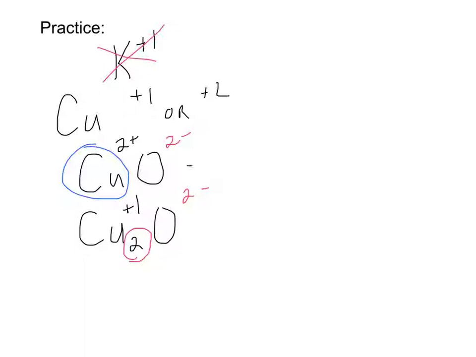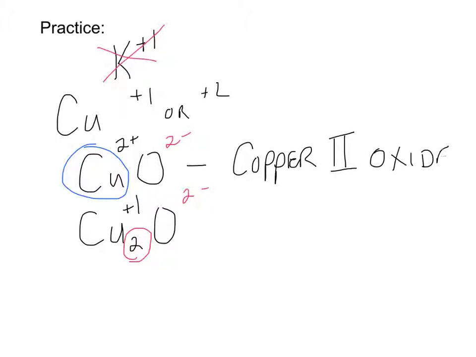So when we name this one, it would be called copper, and the charge on it is 2, Roman numeral 2, and then oxide, just like we had before. The rest of the naming rules stay the same. The only thing we have to change is this right here to tell me what the charge is on that copper metal. This one here is copper 1 oxide.